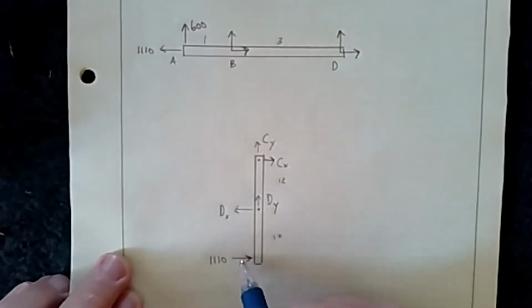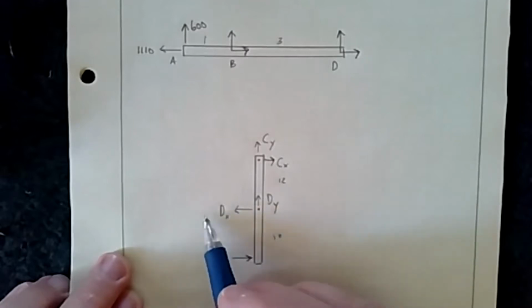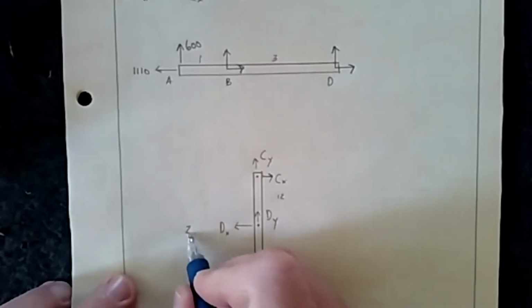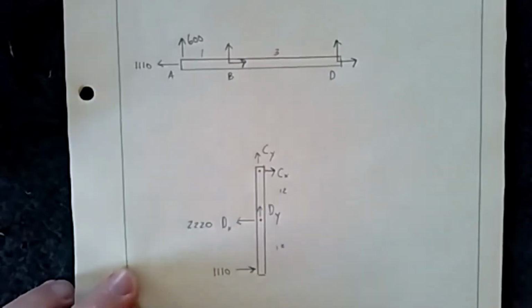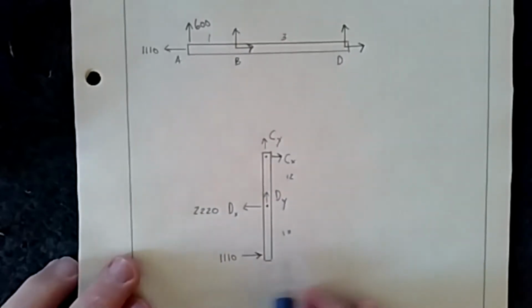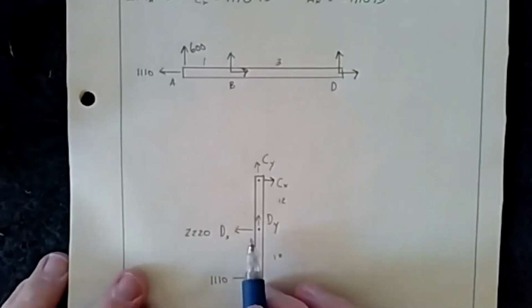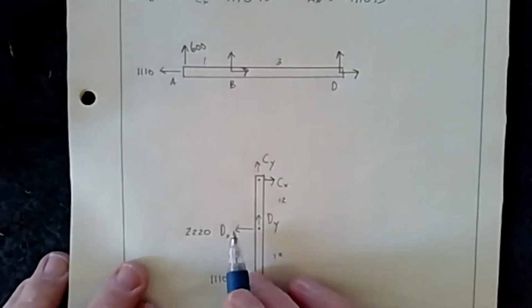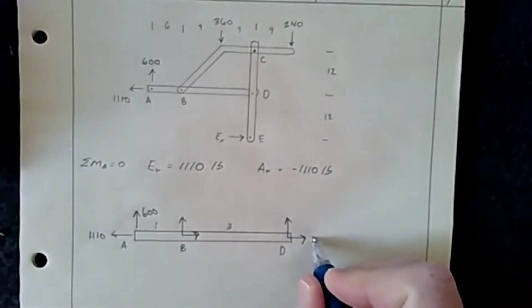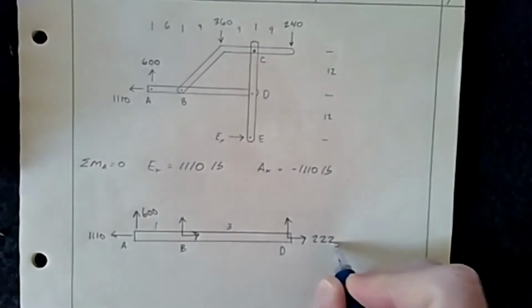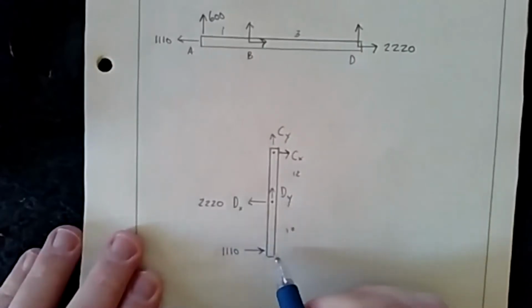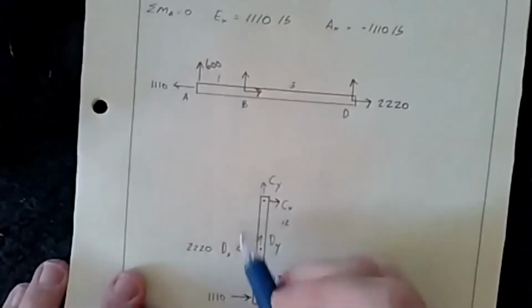So in order to hold this at twice the distance, it's going to have twice the force. So we can say this is 2220, can't we, in order for it to be balanced. If that's pointing that way, then we are correct up here that this is pointing that way. So establish that that's going to the left, otherwise it won't be balanced. And then we don't care anything more about this.